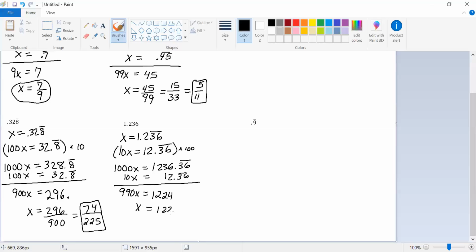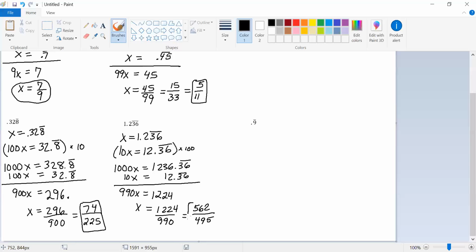So x is 1,224 over 990. And that reduces to 612 over 495. I just cheated there, put that in my calculator. So that's dividing everything by 2.